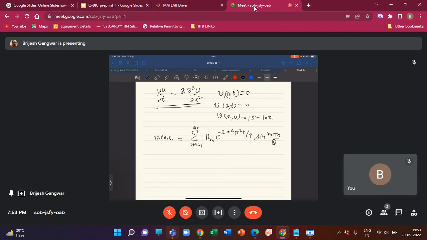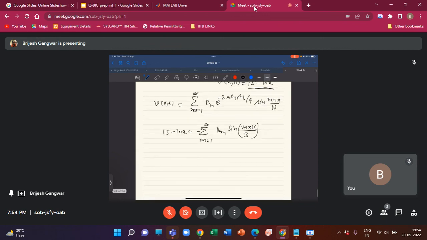Okay, so if you consider this, you will get 15 minus 10x is equal to summation m equal to 1 to infinity Vm sine m pi x upon 3.